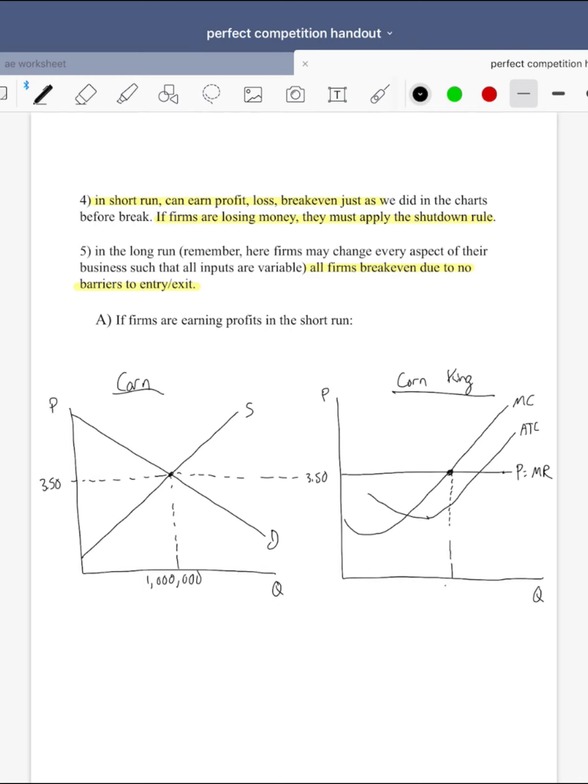And that's going to be a horizontal line. Then we also have in our marginal cost curve. And I'm going to also add in our average total cost curve, so that we can calculate the profits that I'm earning from my business as the Corn King.